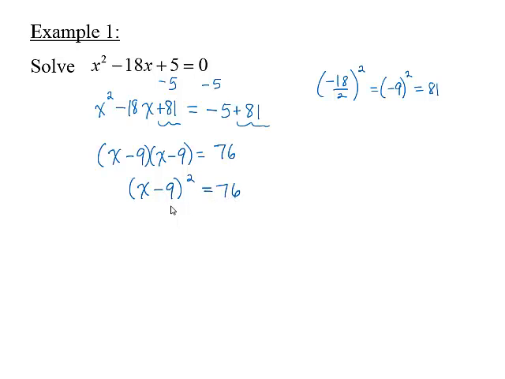At this point, we apply the square root property to get that x minus 9 equals plus or minus the square root of 76. To solve for x, we add 9 to each side to get 9 plus or minus the square root of 76.